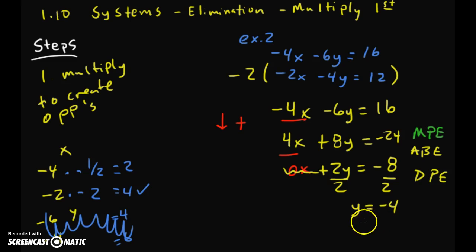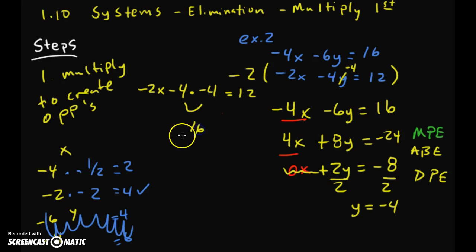Now that we know what y is, we can go back to our original equation that we multiplied and put in -4 for y. So let's go ahead and solve for x now. So we've got -2x minus 4 times -4 equals 12. -4 times -4 is 16.